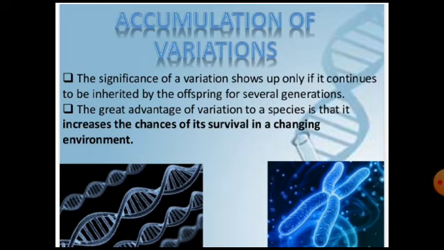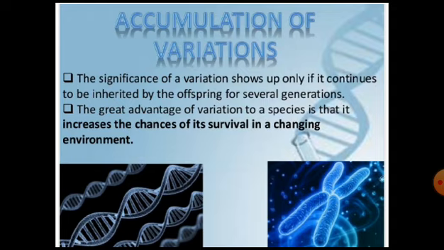The significance of variation shows up only if it continues to be inherited by the offspring for several generations. That means we can come to know the importance of these variations only if they are continuous, that is, they occur in each and every generation. These variations ultimately lead to evolution, as we all know that our environment is continuously changing.